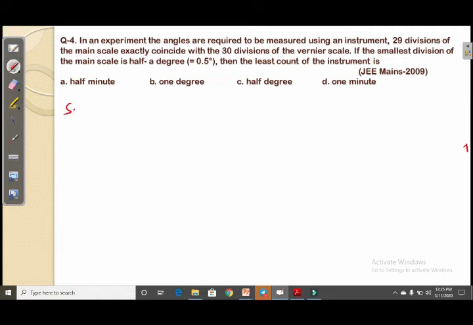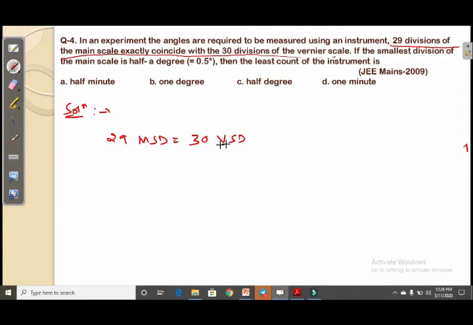The key point here is that 29 divisions of the main scale are equal to 30 divisions of the vernier scale. That is, 29 MSD is equal to 30 VSD, where VSD is the vernier scale division.